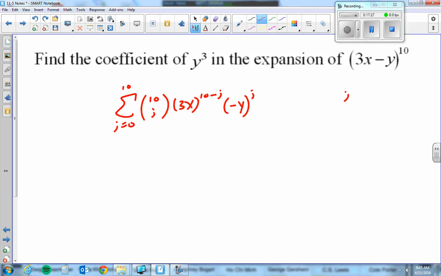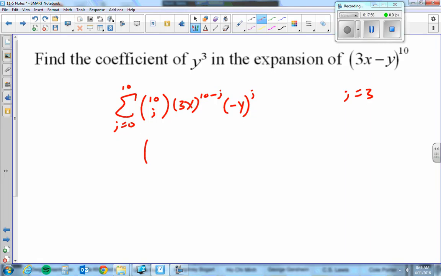It's actually the exact same problem except it's the question slightly differently. Isn't the only difference that instead of -1 it has -y? And here, it didn't ask when would the exponent on x be 7, but rather when would the exponent on y be 3, which is at the same time when j is 3. So we're really going to set it the same way and get the same answer.